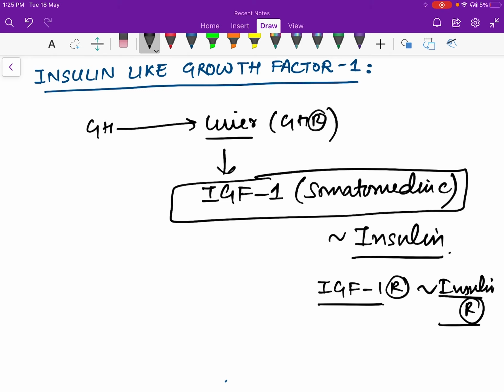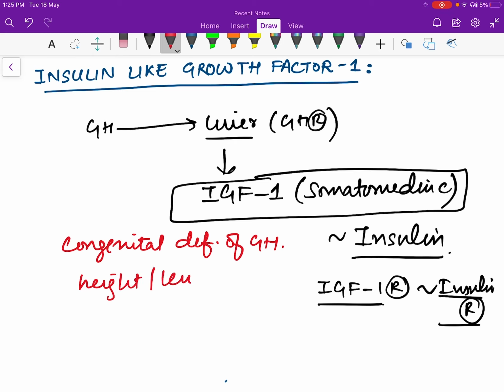Another important point we should know: if a person is born with a congenital deficiency of growth hormone, the height or length of the baby is going to be the same, what we call normal.